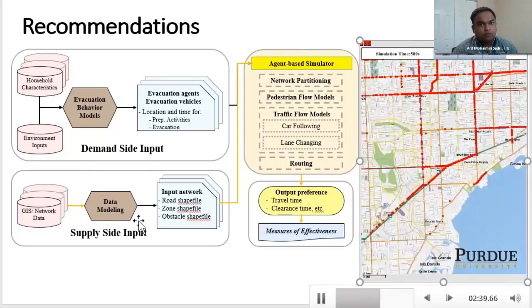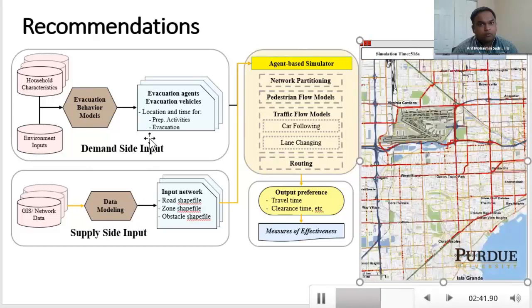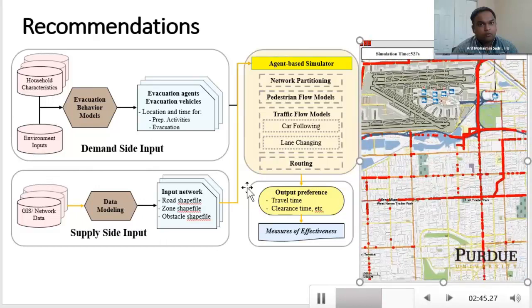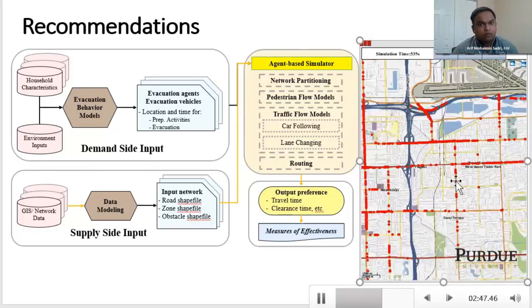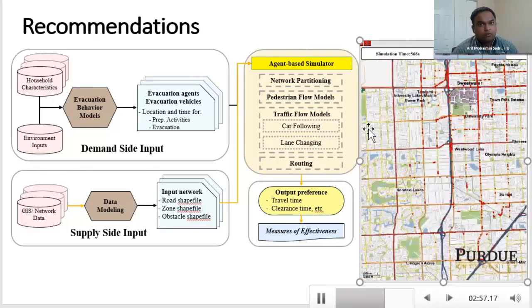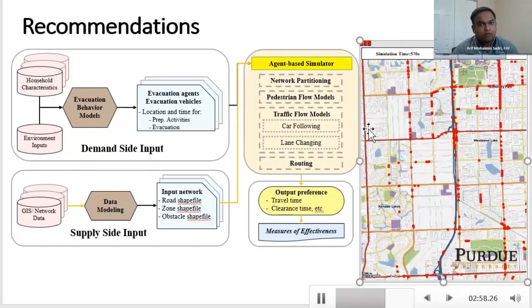So in the demand side model, as I mentioned, you can think of the behaviors that we discussed. But in the supply side model, once you know how many agents are being populated from an area, you can replicate their behavior: if they are driving, how far, how much distance they maintain from one another. We call it the car following model.